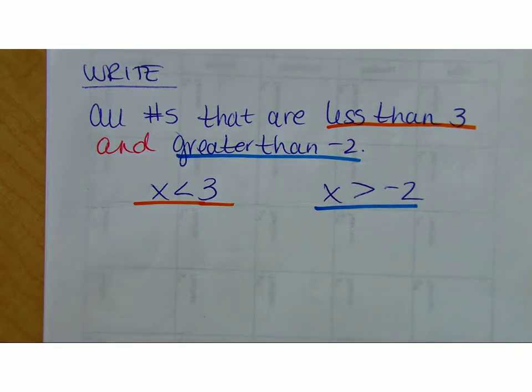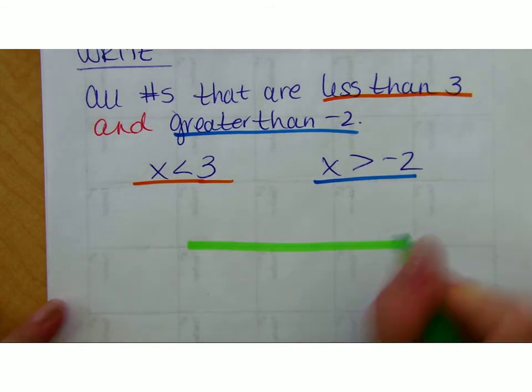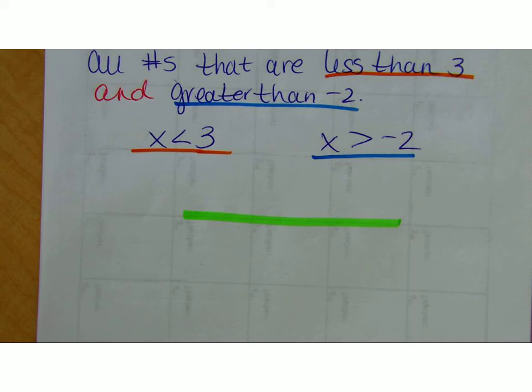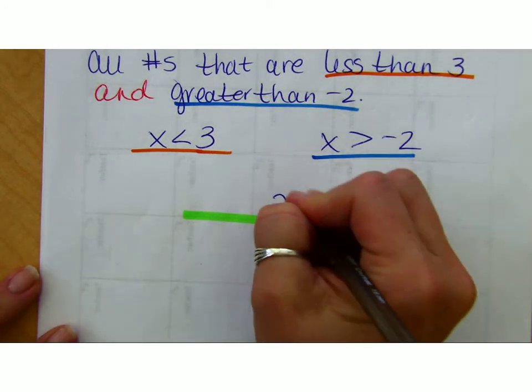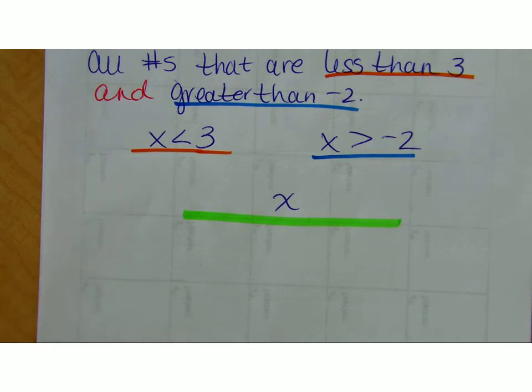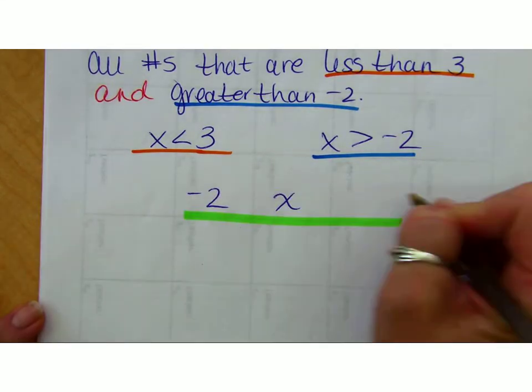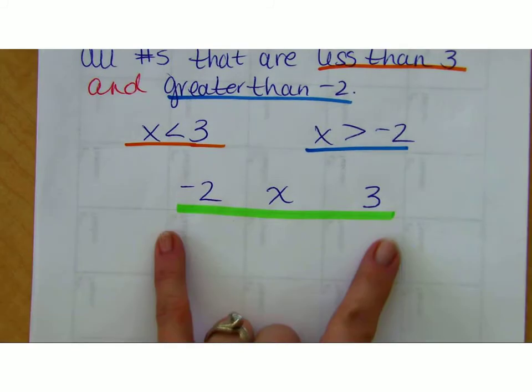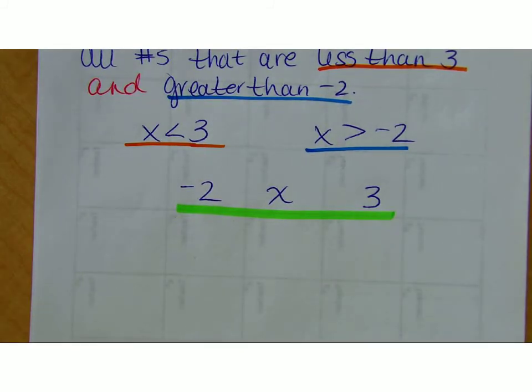If you can get to the combined inequality, just like you have a combined sentence, without having to do this step, you go right ahead. I think a lot of kids have a hard time doing that though. So if x is in the middle, I want to put my negative 2 here and my 3 there. However, if you want to put them in the order the problem was, that's okay. Your inequality signs just have to match that.